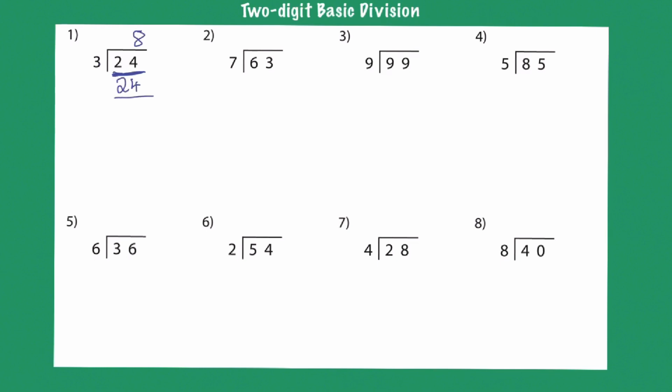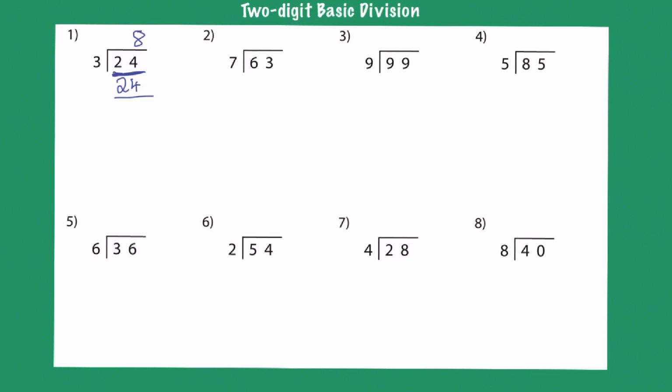Now let's look at number 2. Same way, imagine we have 63 candies and we're going to divide them among 7 friends. So 63 here is the dividend and 7 here is the divisor. You want to see how many groups of candies can be created for 7 friends.